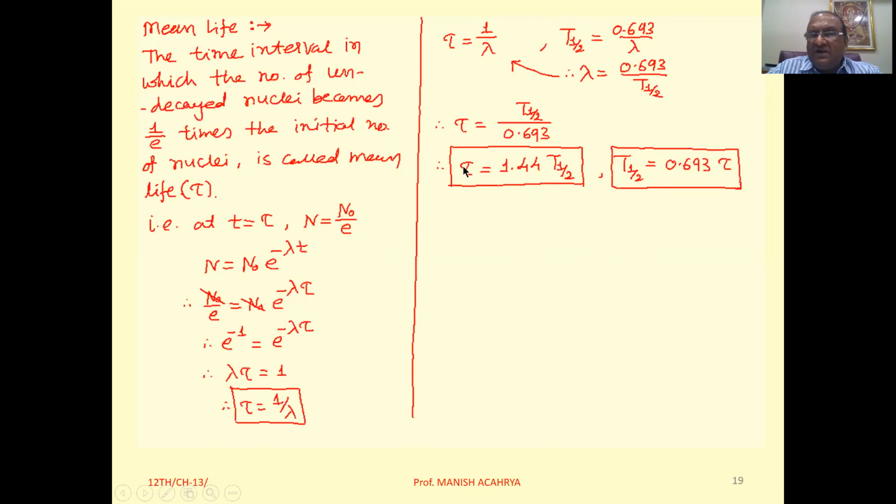So tau is equal to 1.44 t1 by 2. Or we can write t1 by 2 equal to 0.693 into tau. So this is the relationship between mean life and half-life time. Clear to all of you?